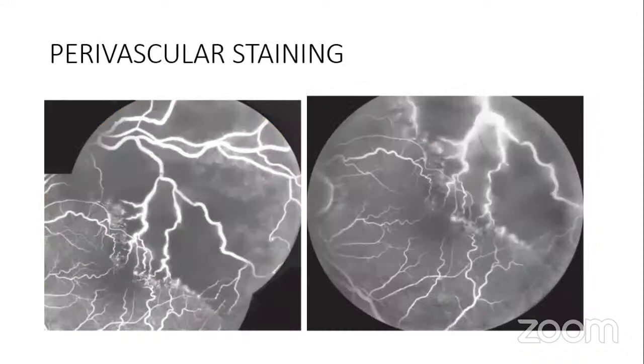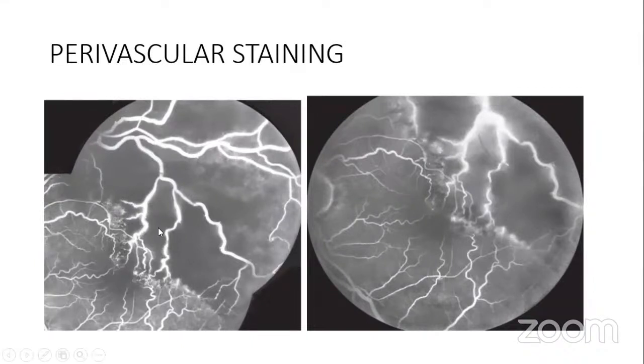Okay, now this is another aspect that we explained the other time. The dye could leak out of the vessel and then stain the vessel itself, making the vessel extra hyperfluorescent. That's what we call vascular staining. Okay. Now, this is a continuation from the branch retinal vein occlusion, actually.